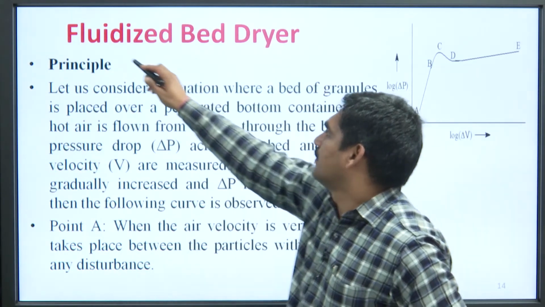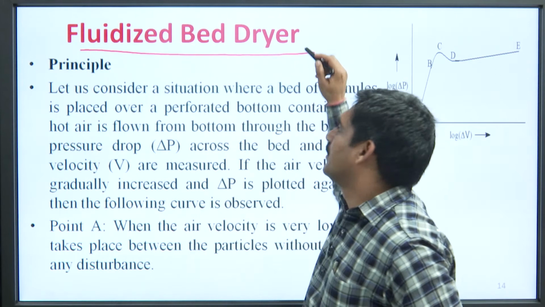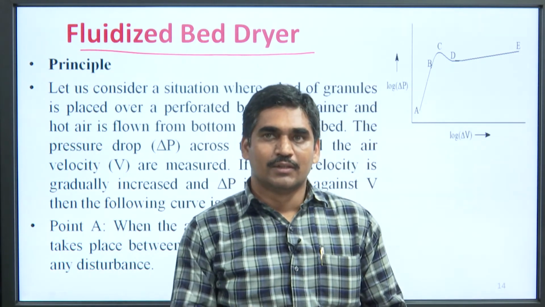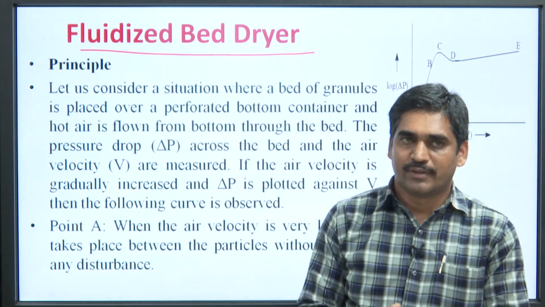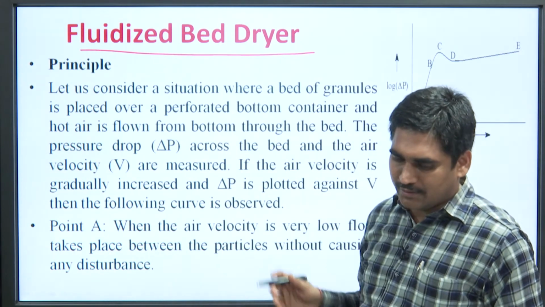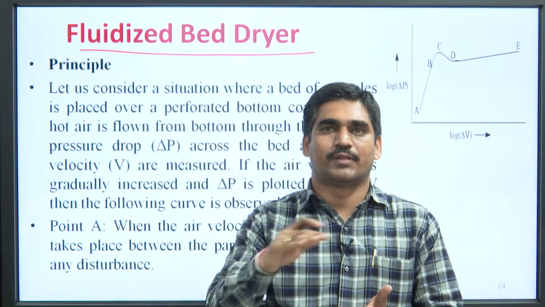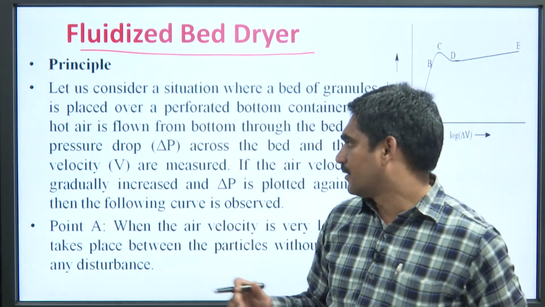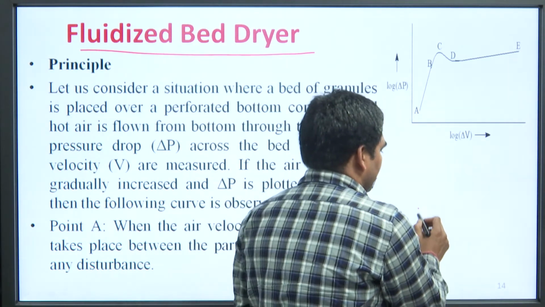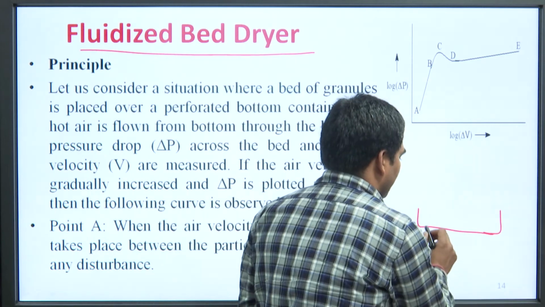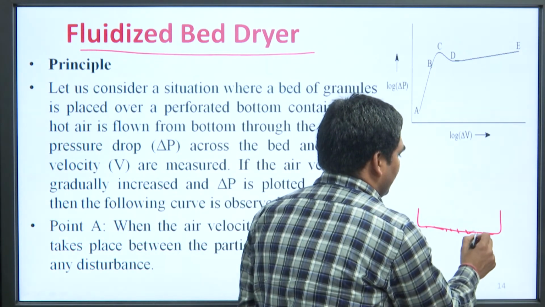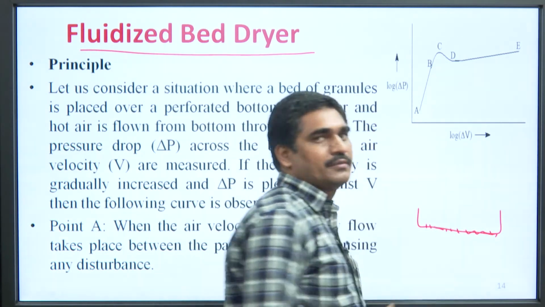Next dryer is the fluidized bed dryer. Principle: let us consider a situation where a bed of granules is placed over a perforated bottom container. Let us suppose this is a container, at the base of which there are holes or perforations.